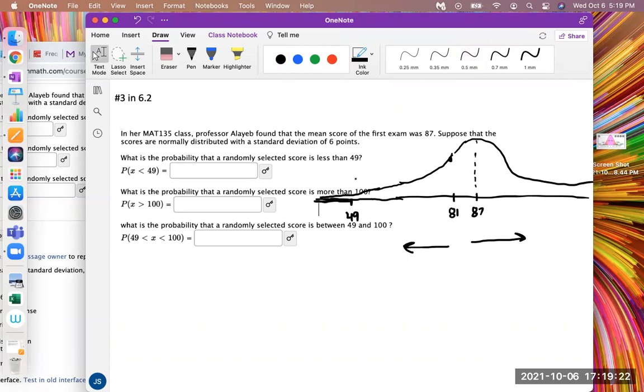So the area under the curve, which would be the probability that somebody would have a test score of 49 or lower, would be this blue region right here. Technically it goes on forever, but at some point it gets so small that we just round it to 0. So this is the area that we're trying to find.